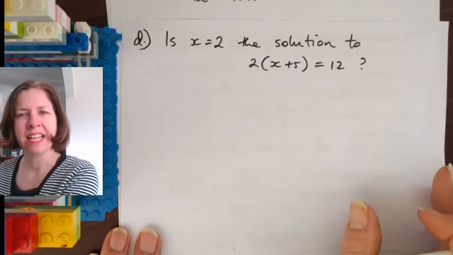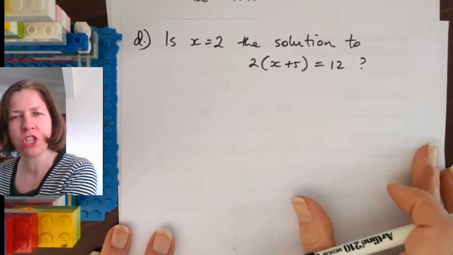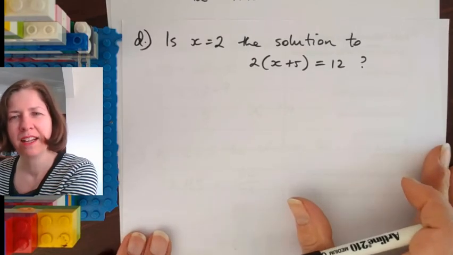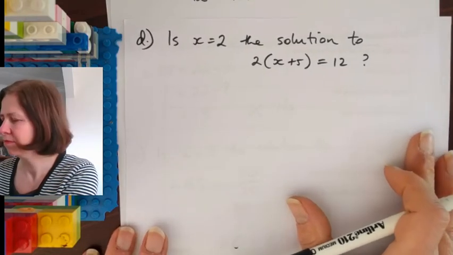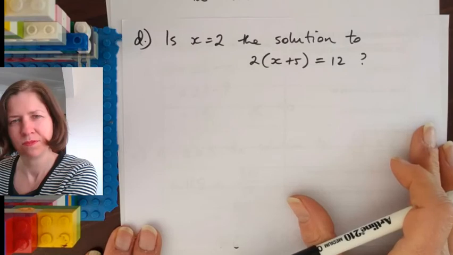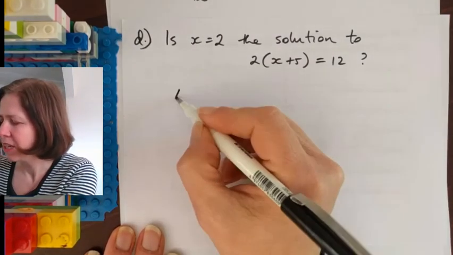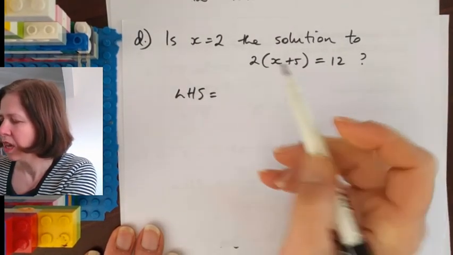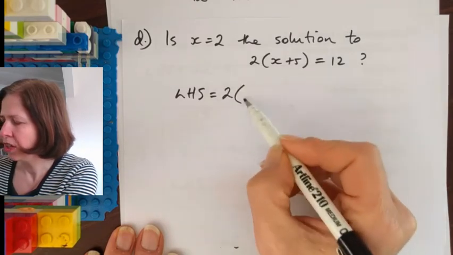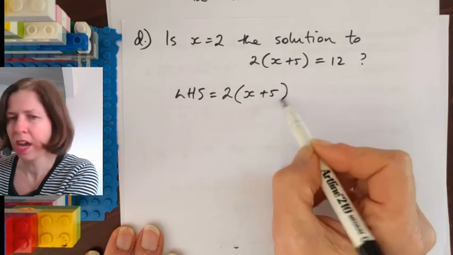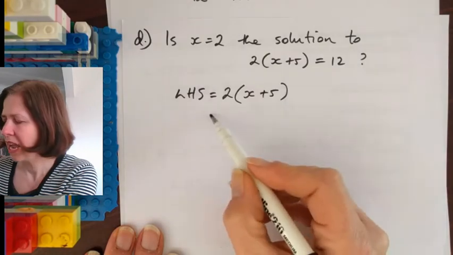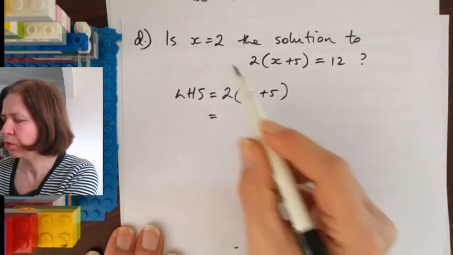And I've got one more, only slightly more complicated question. D, is x equals 2 the solution to this equation? Okay, pause the video, try it yourself. Okay, let's do it. Left-hand side equals, I'm going to write first the original left-hand side, 2x plus 5. Now I'm going to substitute in x equals 2.